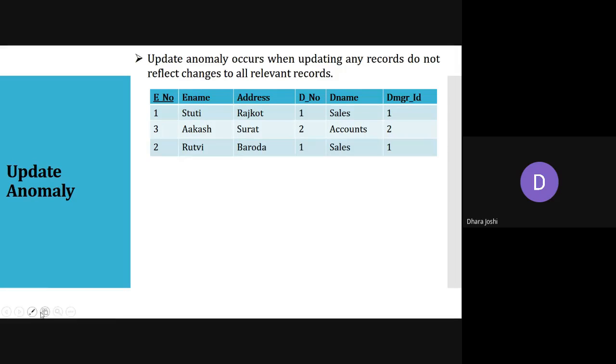Think of a scenario: suppose I forget to change one record. Here the in-charge will be changed to 3, so here also it needs to be changed to 3. But suppose for this particular row, I forget to do that. Then what will happen? In the same department, the manager will be different, which is not possible in real time.